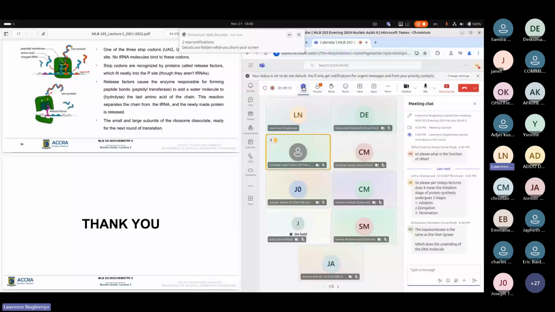Yes, you can say that, because the topoisomerase has that function of unwinding the DNA structure. It says topoisomerase, so it's changing the topology of the DNA molecule. So yes, that's true.